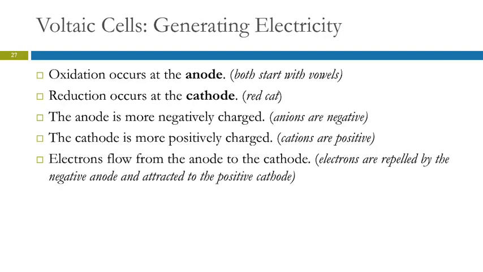Electrons are going to flow from the anode to the cathode because the anode is negative and electrons are negative, and so they are repelled by the negative electrode. They're going to flow towards the cathode, which is positive, because they're attracted to the positive charge.